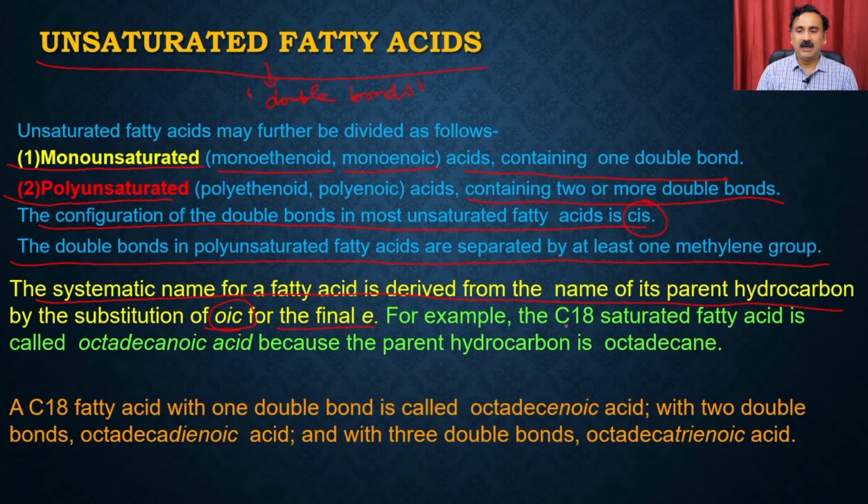For example, the C18 saturated fatty acid is called octadecanoic acid because the parent hydrocarbon is octadecane.